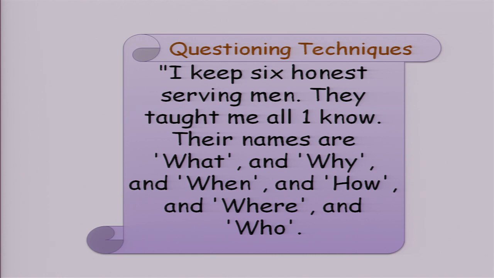So when we look at these six honest serving men, what we can keep in mind is how the teacher is going to use these six serving men in a classroom in order to expand the content or to get response from the learners. That is an important thing. And with this questioning, the teacher is questioning in the classroom with the six serving men.